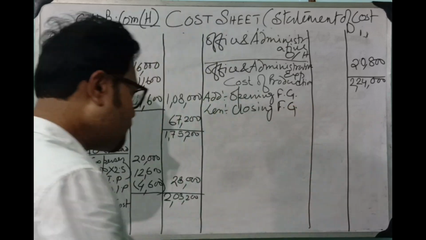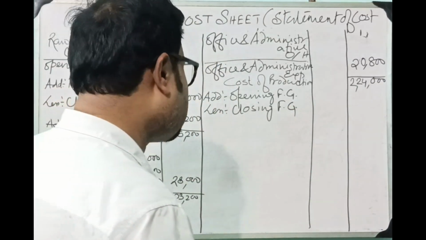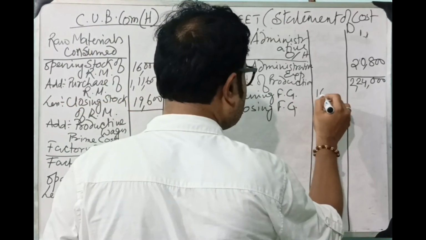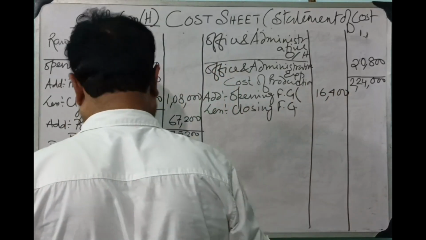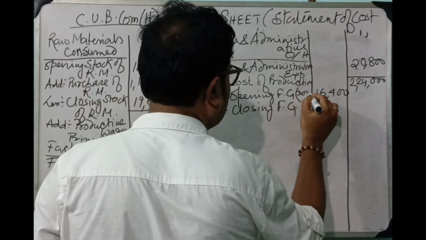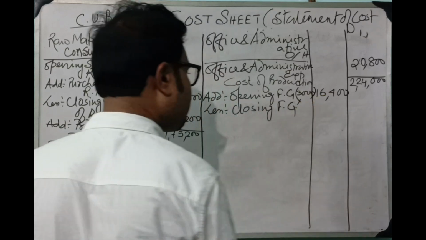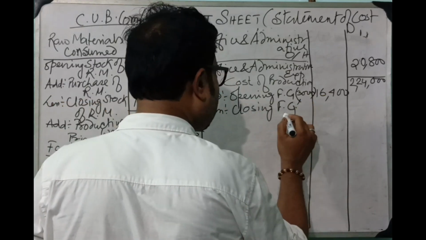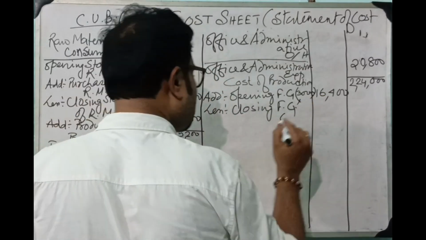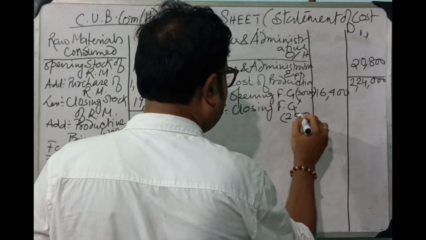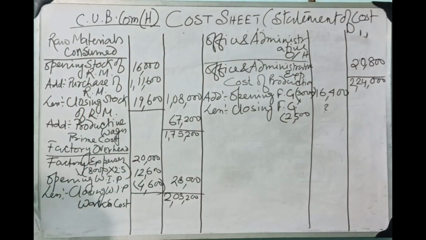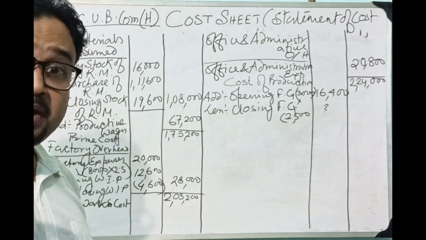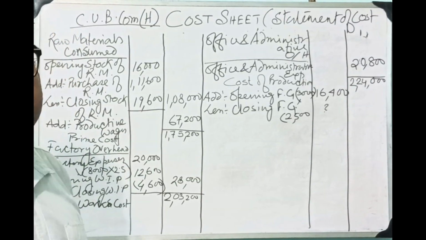As per the sum, opening finished goods value is given 16,400 and the units given are 3,000. But closing finished goods is given 2,500 units, but no value is given. How will I calculate? Big question.